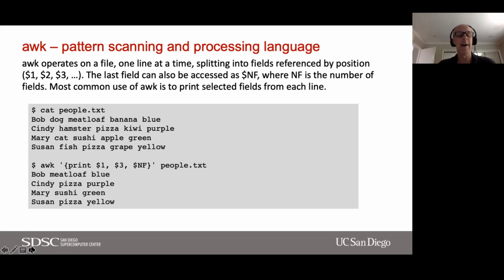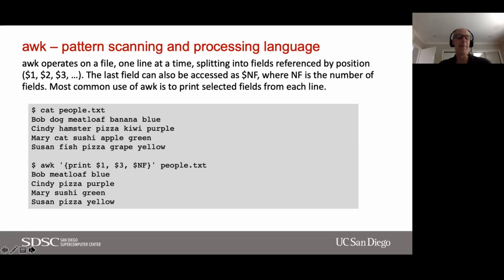So I put together a file in the awk directory, and I kind of made a guess for some of the folks who are leading the Summer Institute. So for myself, Cindy, Mary, and Susan, I kind of guessed what our favorite animal, food, fruit, and color is.